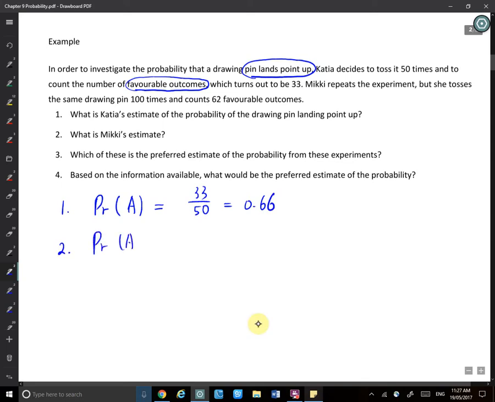Let's say the probability of event A for Katya and event A for Mickey, AK and AM. 100 times with 62 landing up, so 62 over 100, which is 0.62.